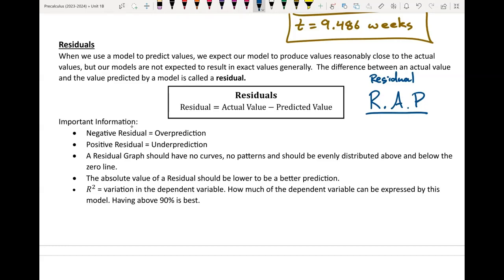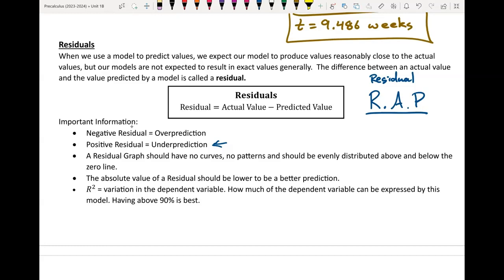Now, some information that the residual gives us. If we have a negative residual, that's going to indicate an over-prediction or an over-estimate. If we have a positive residual, that is an under-prediction or underestimate. We're going to be looking at residual graphs a little bit more later, but residual graphs should have no curves, no patterns, and should be evenly distributed.